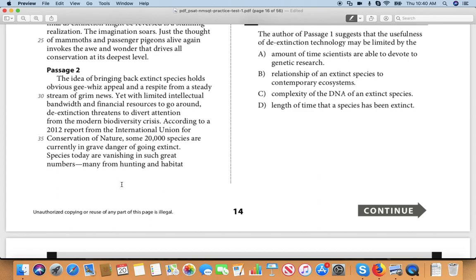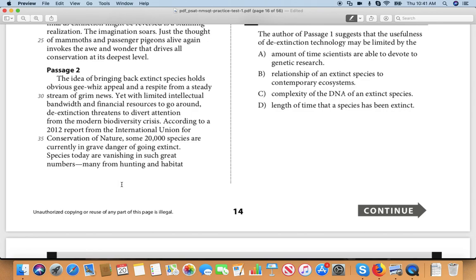It sounds cool. Absolutely. That's what we were talking about earlier. Like, I want a T-Rex. I want to go to Jurassic Park. Which means it sounds cool. And a respite from a steady stream of grim news. What does that mean? And a pause from a steady stream of grim news.